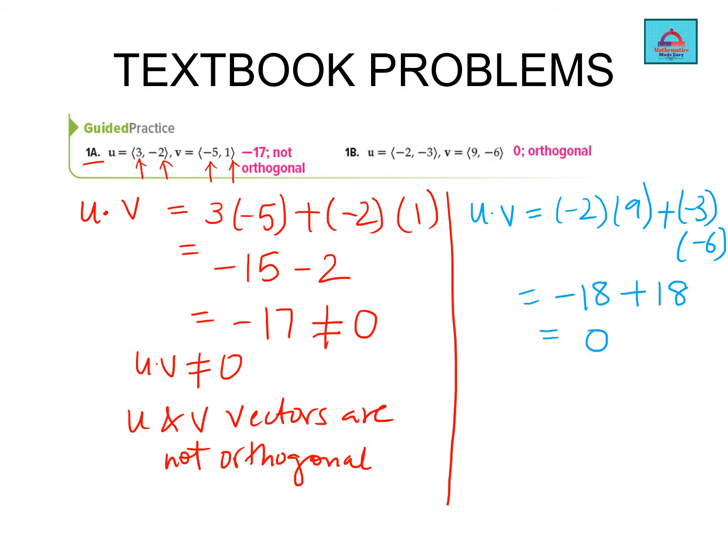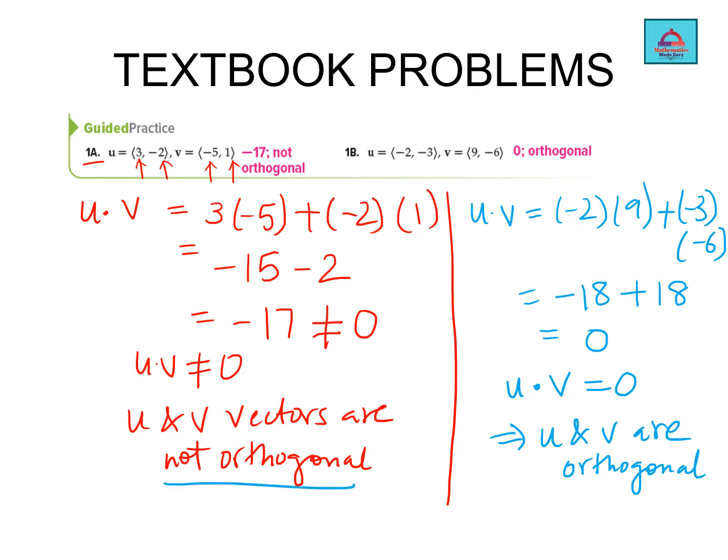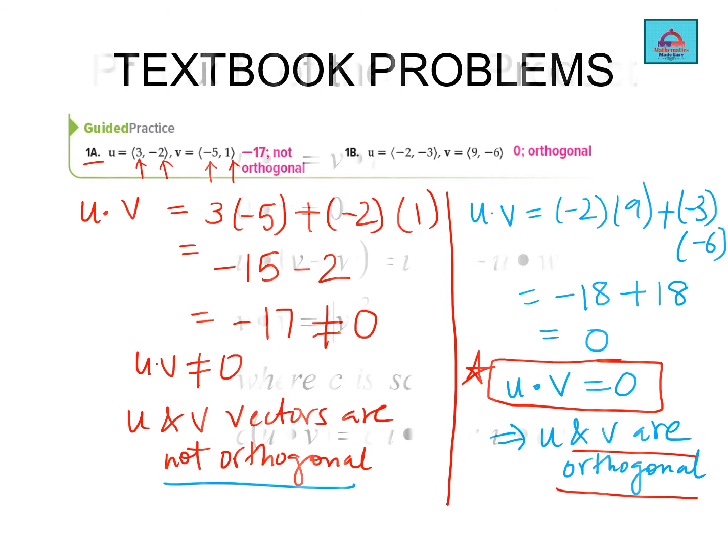So this is 0, and if you have the dot product of two vectors equal to 0, it means those two vectors are orthogonal. So here you can see in 1a you got not orthogonal, whereas in 1b you got orthogonal vectors. So just look at the dot product. The condition is this: if the dot product is 0, they are orthogonal, otherwise not.